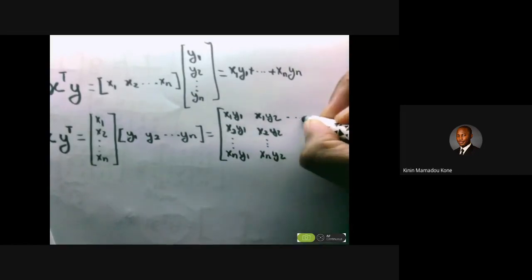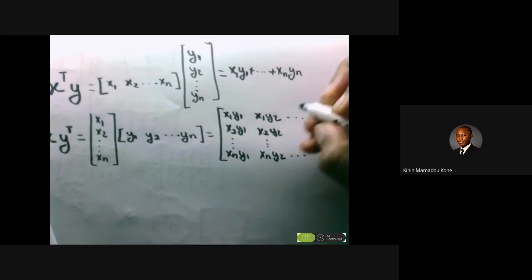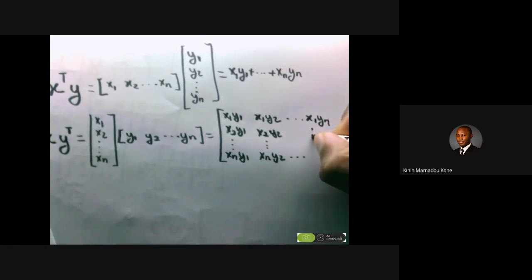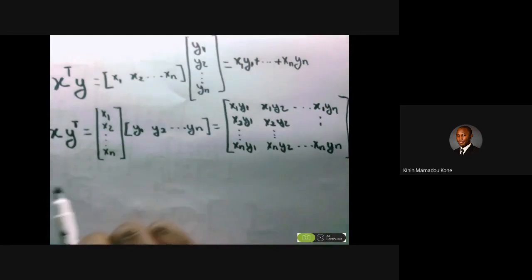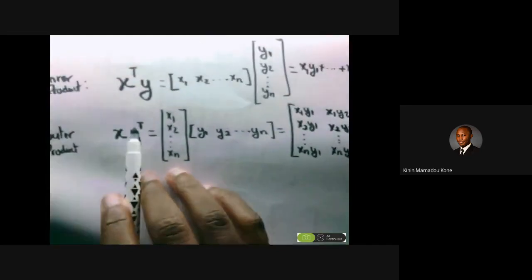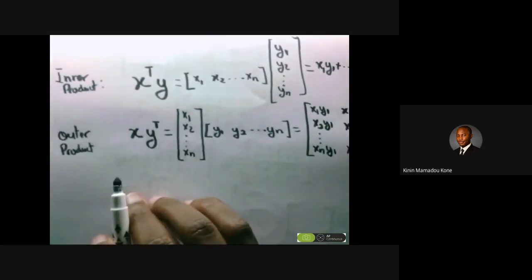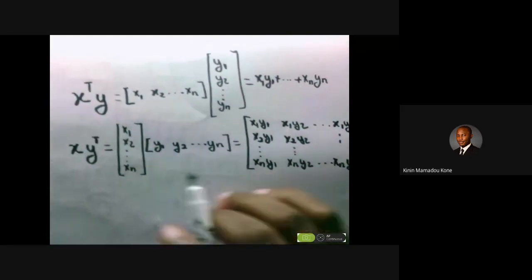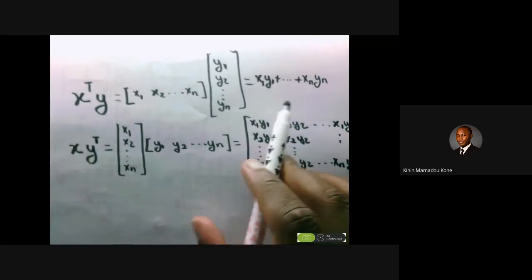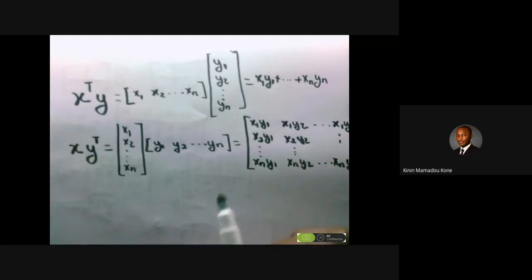So you do the same thing for the other entries, and in the end you have x1 yn all the way to xn yn. This type of product is what we refer to as the outer product. The outer product will give you a matrix as a result, whereas the inner product is going to give you a scalar typically as a result.